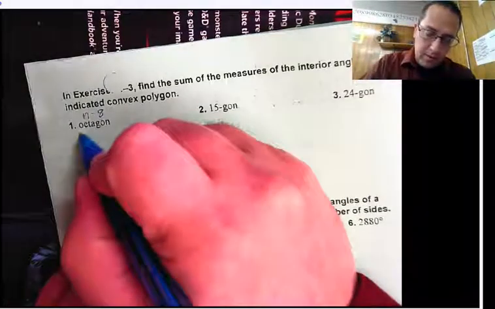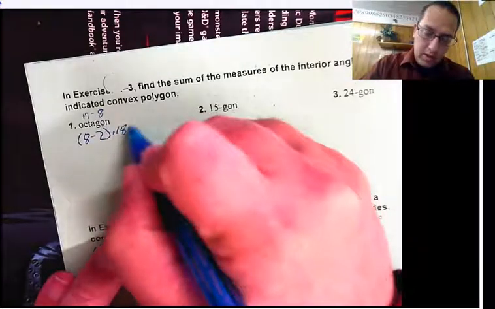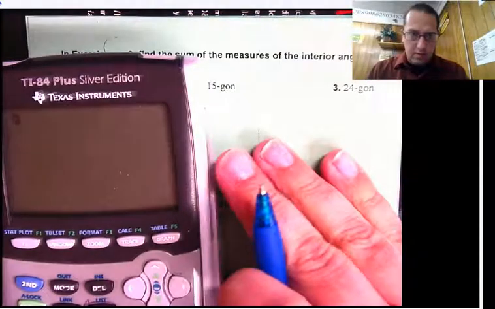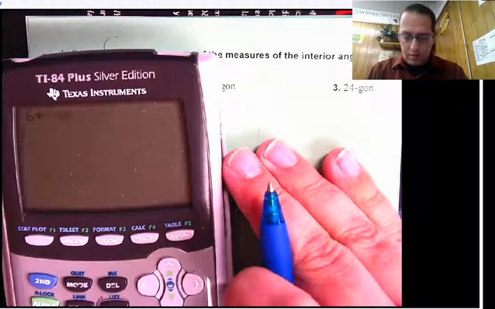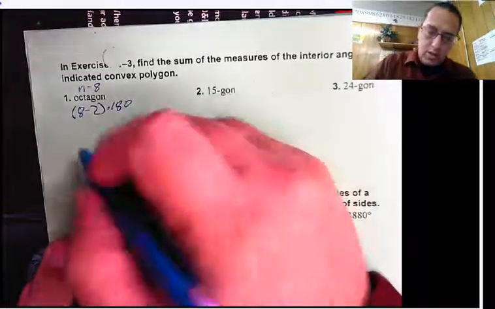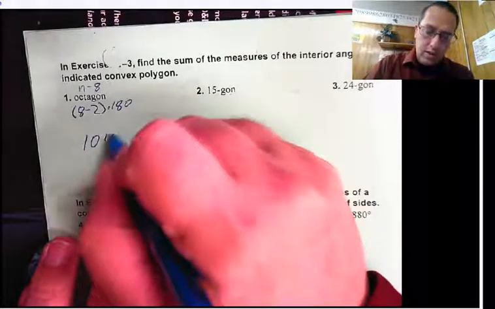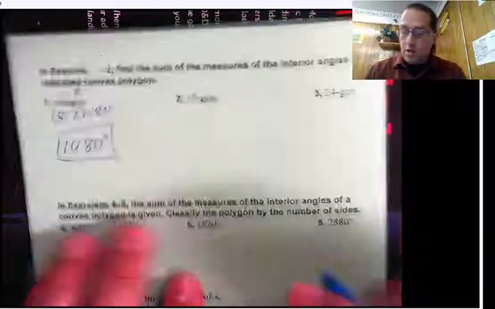All right, so we have 8 minus 2 times 180 degrees. So we take the calculator here, and we're going to skip a little bit because 8 minus 2 is 6 times 180. 1080. So our answer is 1080 degrees.